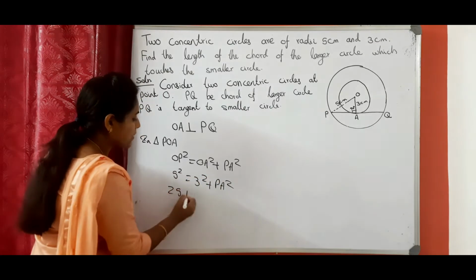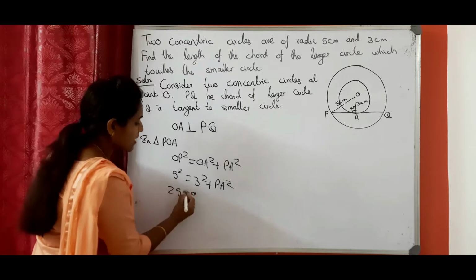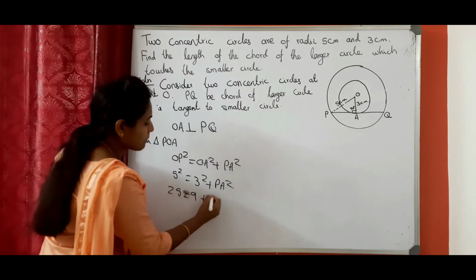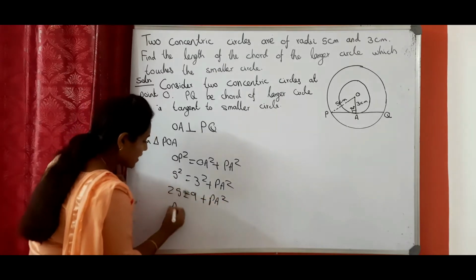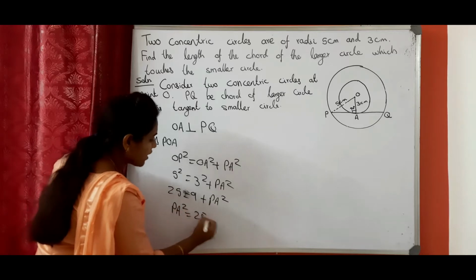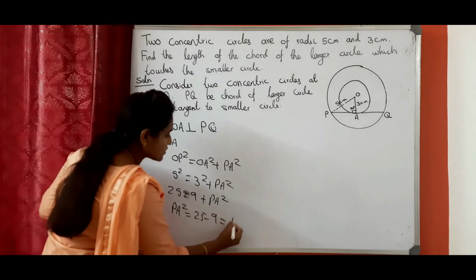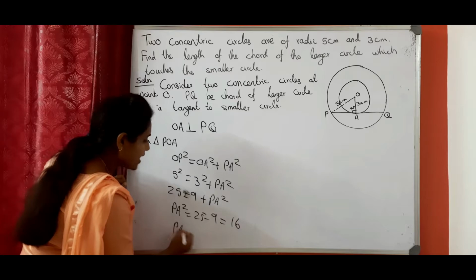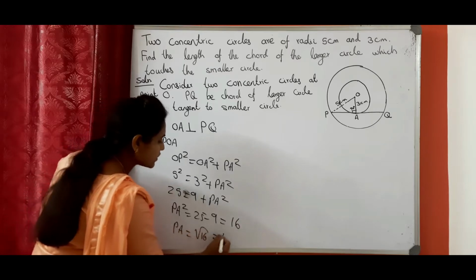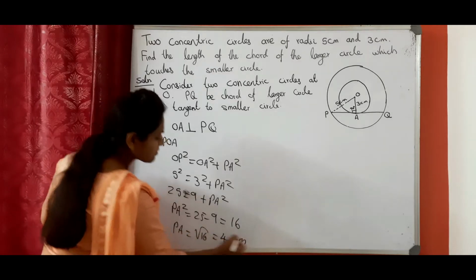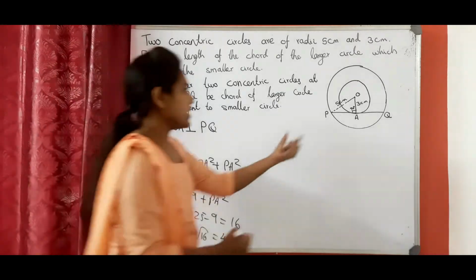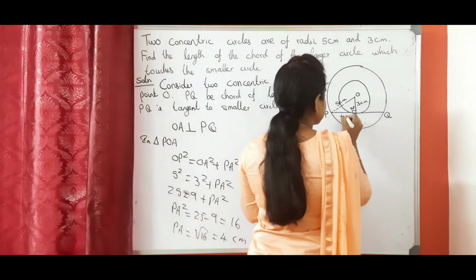So 25 equals 9 plus PA square. So PA square equals 25 minus 9, which is 16. So PA equals root 16, which is 4 centimeter. PA, this distance, is 4 centimeter.